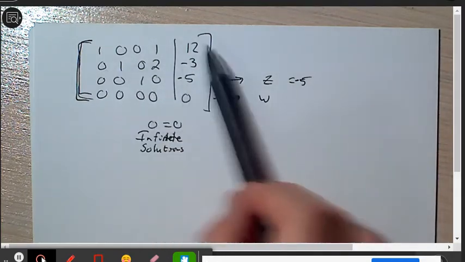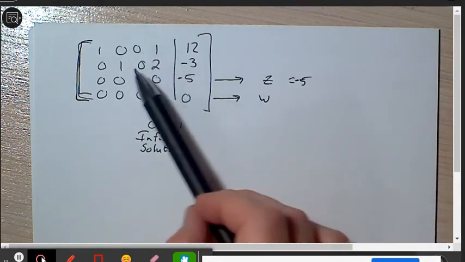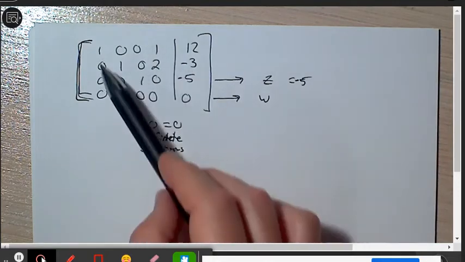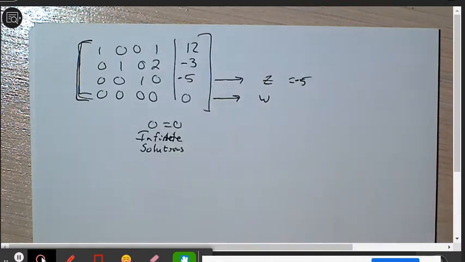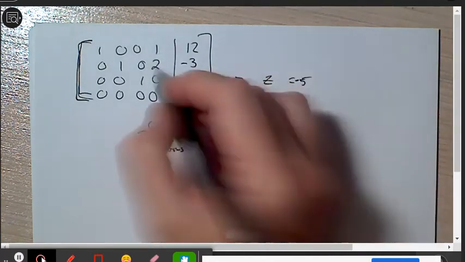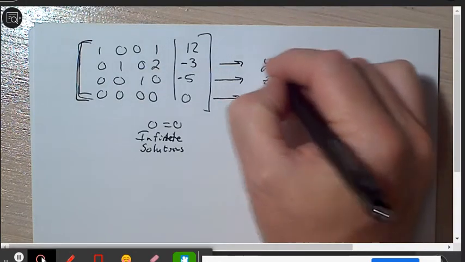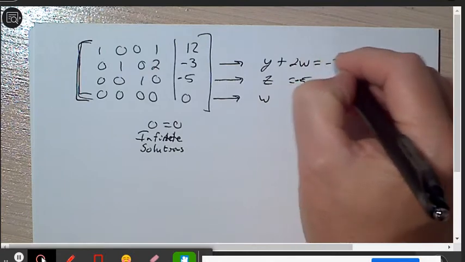The other values back up here, though, have these other numbers in here. So by having these other numbers, we can't just say that if these were all zeros, then y would be negative 3 and x would be 12. Because of these other numbers, if we took this equation and wrote it out over here, this would be y plus 2w equals negative 3.